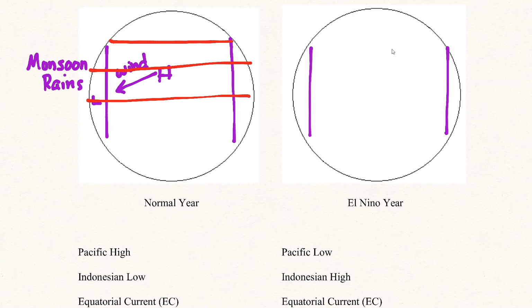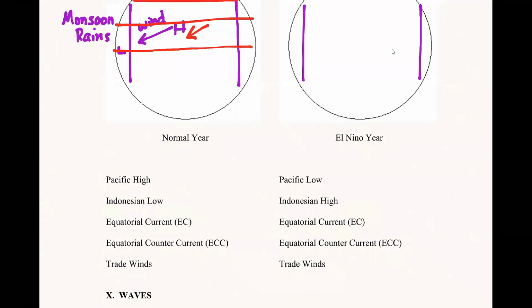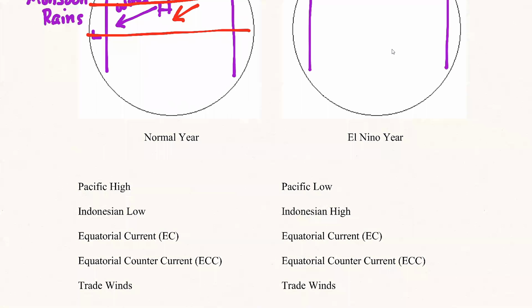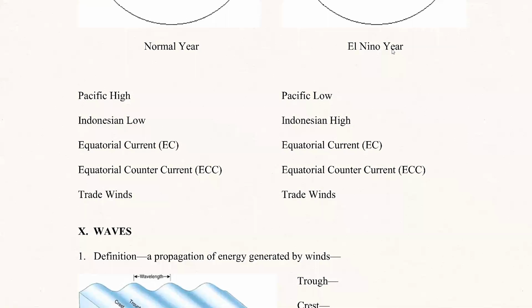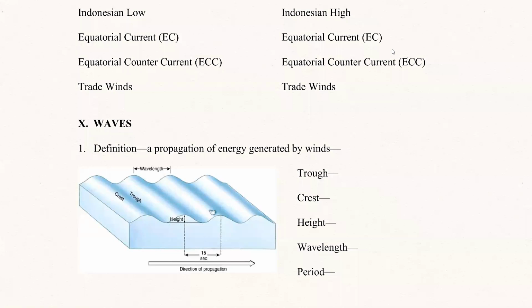We have what are called the trade winds. So the trade winds are blowing in this direction. These trade winds are going to be very strong because they're being reinforced by the Pacific High. So under trade winds, indicate that the trade winds are going to be very strong.